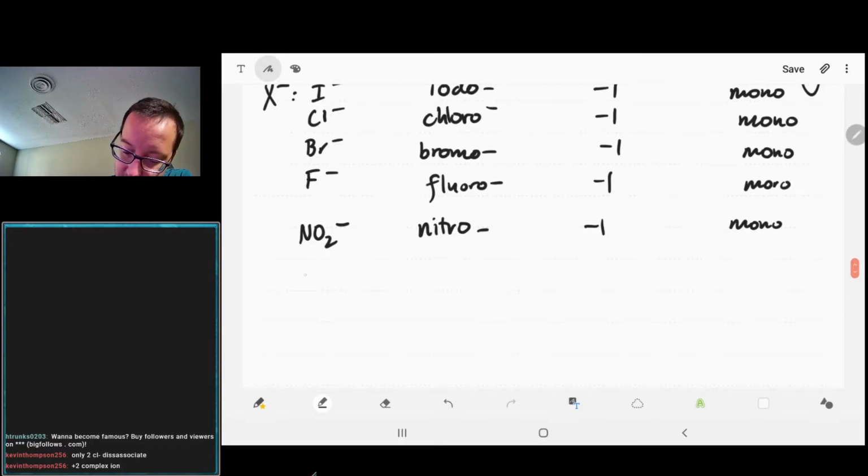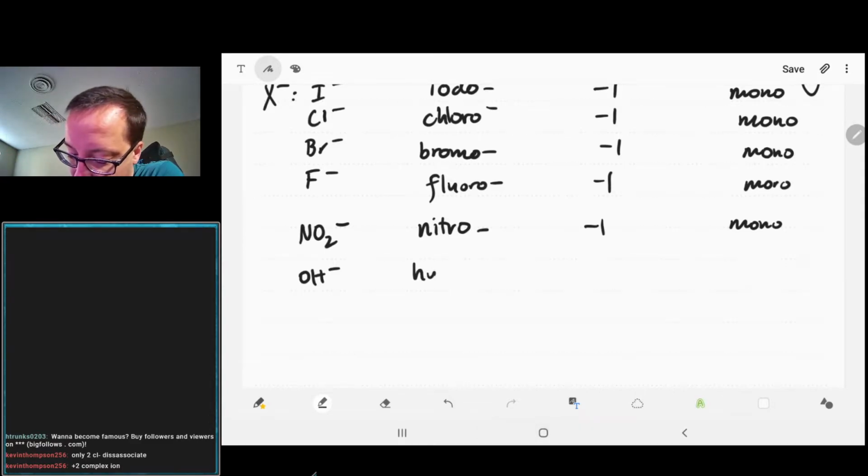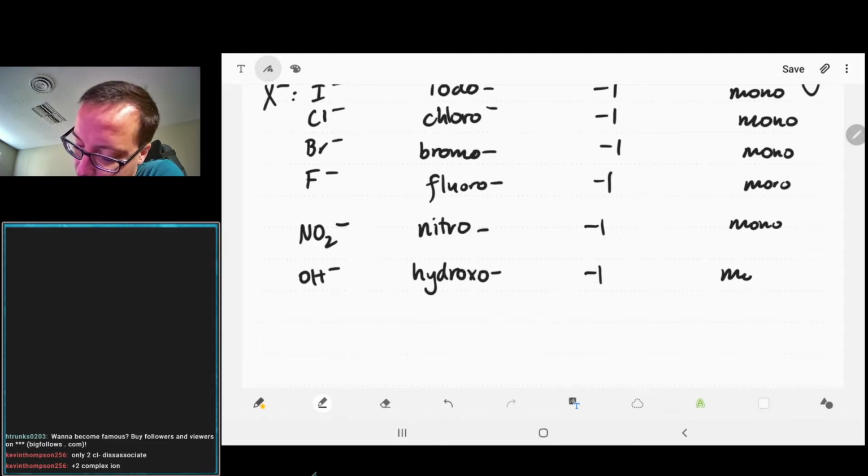We have OH minus, which is going to be hydroxo. You're noticing the endings are all O's, so it's just removing the suffixes, the "ide," the "ite," whatever it may be, and replacing it with the O. That's monodentate.